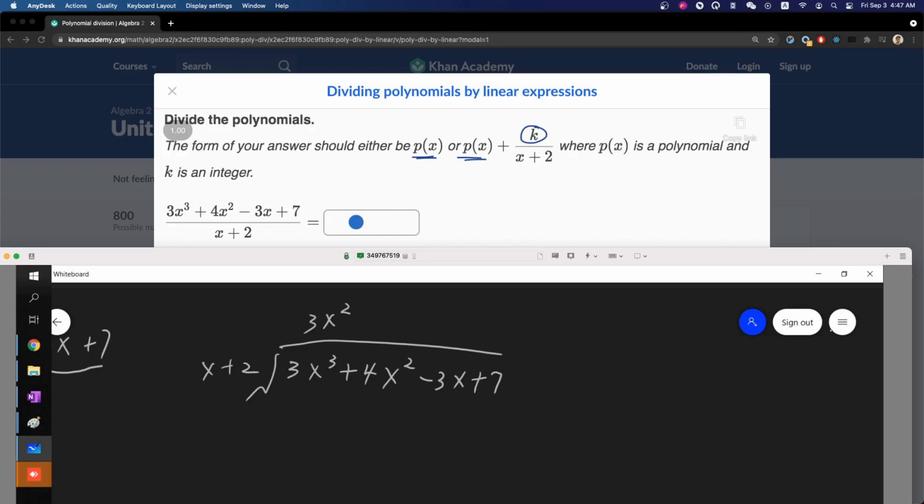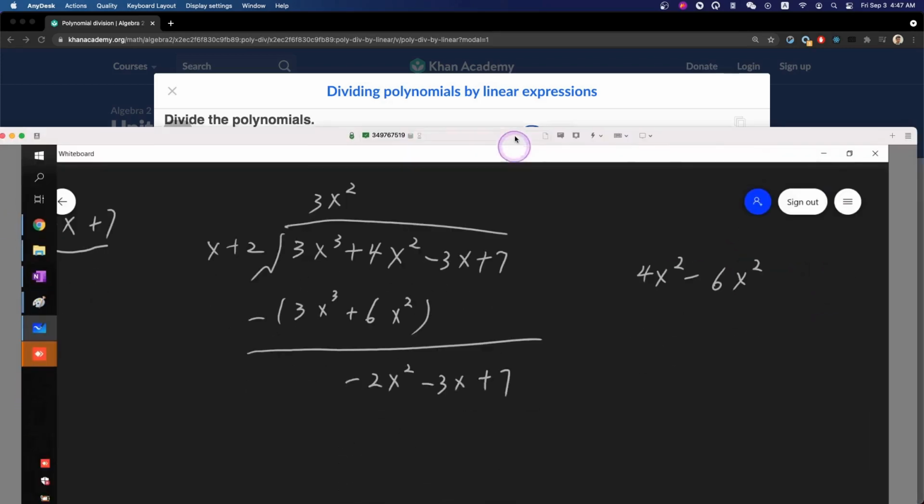In this case, we would get 3x to the third power plus 6x squared. Then the 3x to the third power was cancelled out. 4x squared minus 6x squared would be equal to negative 2x squared, minus 3x plus 7.